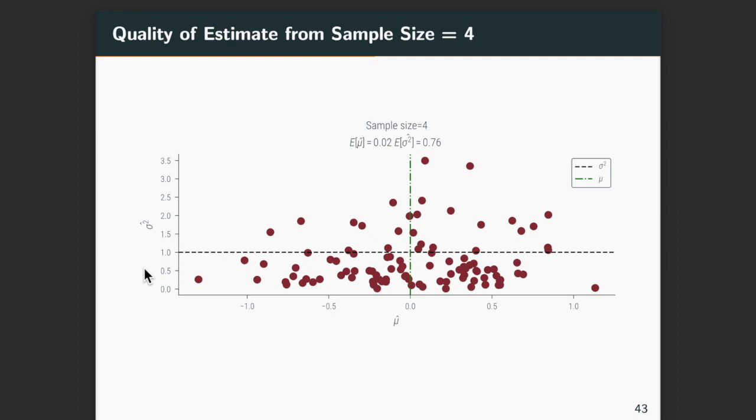So that is important. While the spread of the estimator will reduce, it is still an unbiased estimator. Whereas if we consider the sigma square estimator, we now observe that the expectation of sigma square has got much closer to the true value of 1. So the bias in the estimator has been reduced as we've increased the number of samples we're drawing.